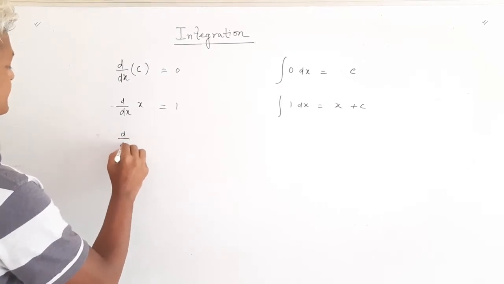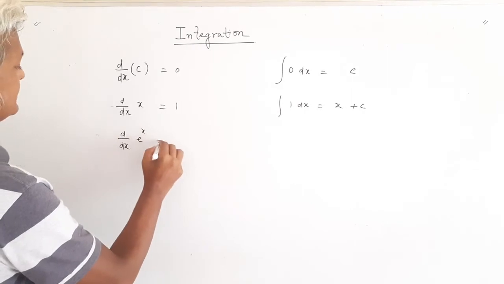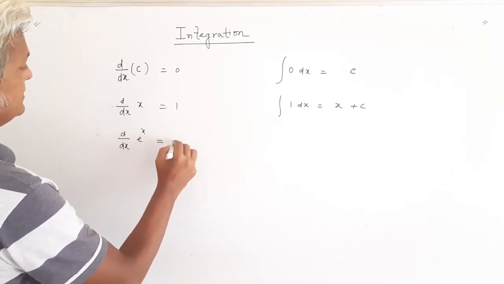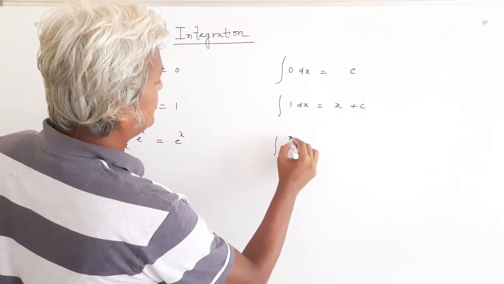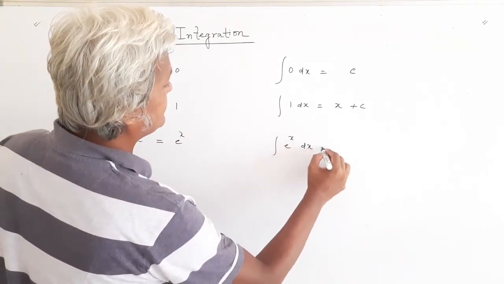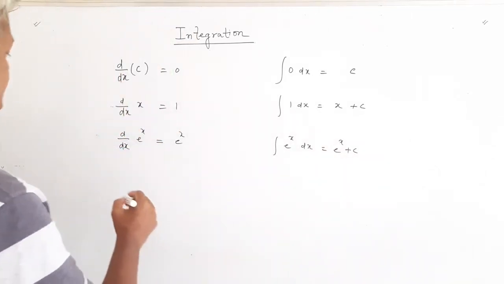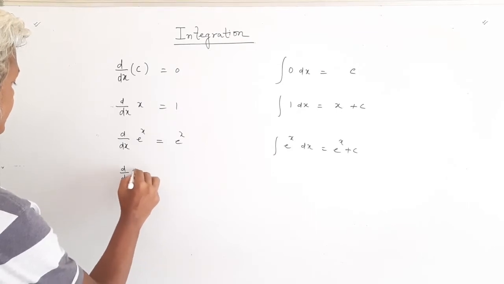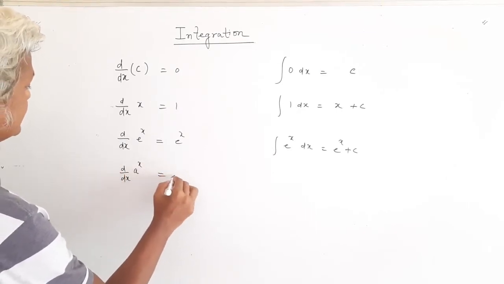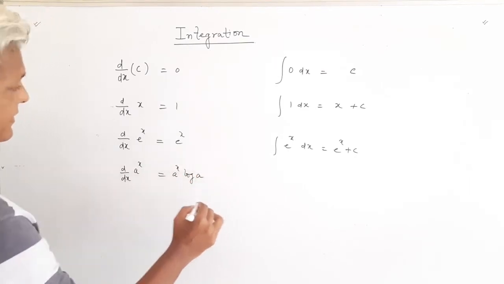Differentiation of e to the power x is e to the power x. Integration of e to the power x dx is e to the power x plus c. Differentiation of a to the power x is a to the power x log a.